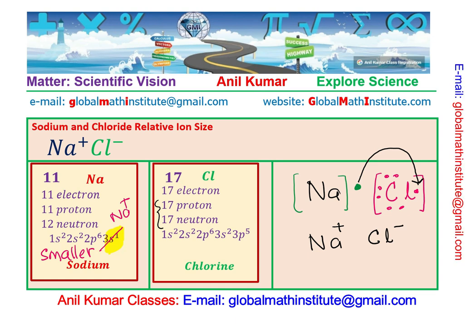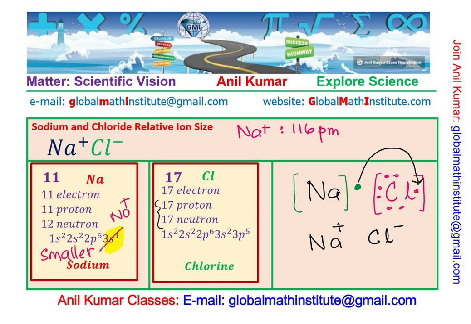So it decreases from almost 180 picometers to 116 picometers. So the ion which has lost one electron is now positively charged. It's called a cation. Its radius is 116 pm. As far as the chlorine is concerned, it gained an electron.